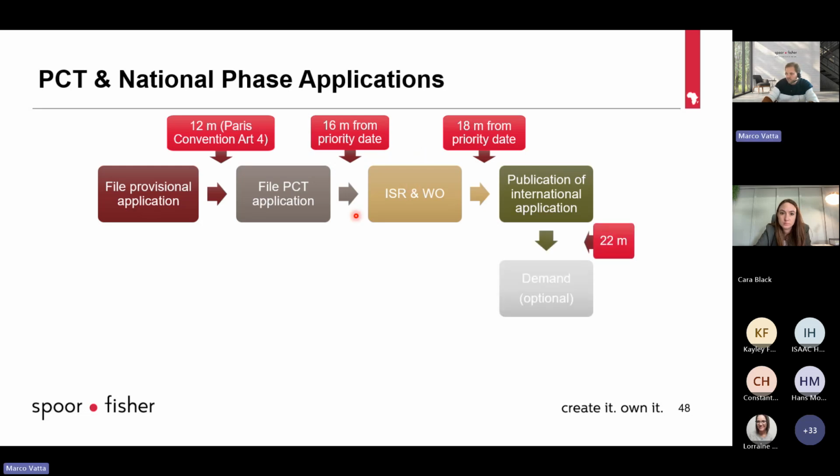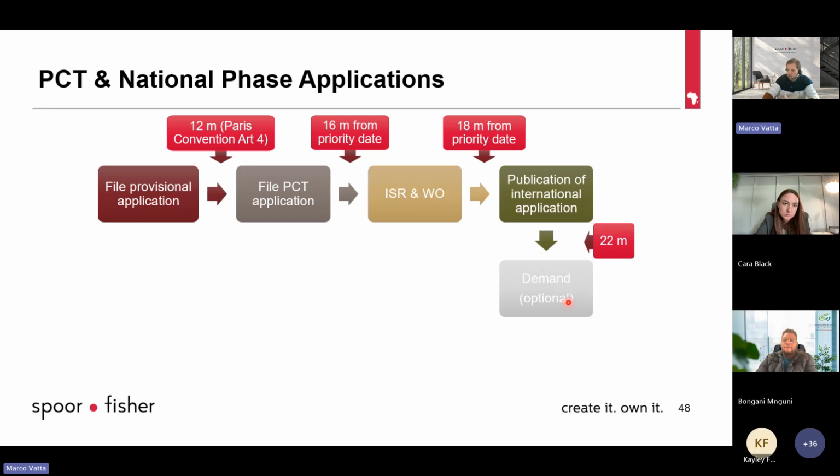So after the written opinion is issued, it is possible for the applicant to request a demand within 22 months from the provisional filing date. Now, what this request for the demand is, if there were any objections that they may have had to the written opinion from the examiner, and they wish to overcome those objections, where they have now amended the claims in such a way to overcome those objections, they can file that amendment and request a further examination of those amended claims.